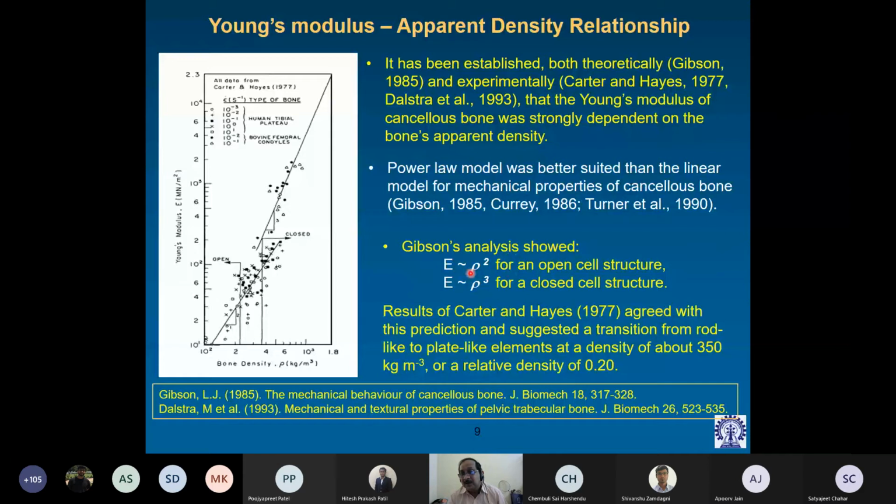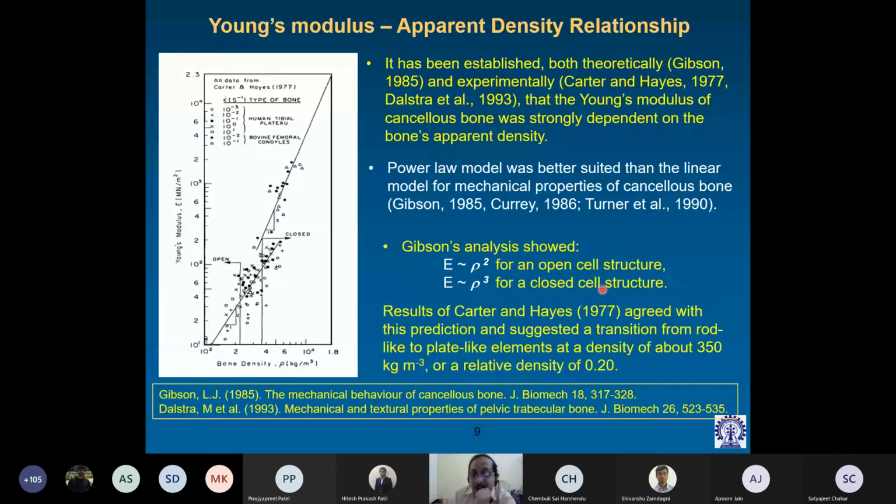So Gibson's analysis suggested two different powers or exponents, 2 and 3, for two different structures. One is the open cell structure, another is the closed cell structure.